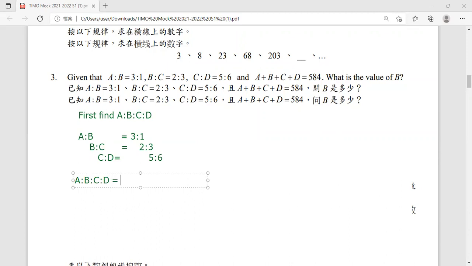The first one is 6 to 2 to 3, and then times 5, so it's 30 to 10 to 15, 6. Okay, so the total part is set.